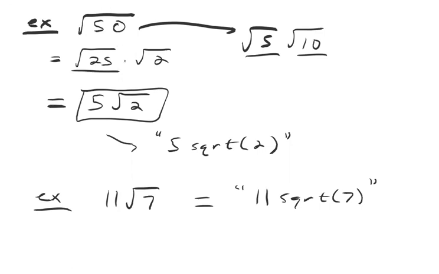So you want to keep looking for a factorization where you have at least one perfect square. Neither of these are perfect squares, so when you get to that point, you should go back to the drawing board and try a new factor pair. Does that make sense? Yes, thank you. Okay, cool.